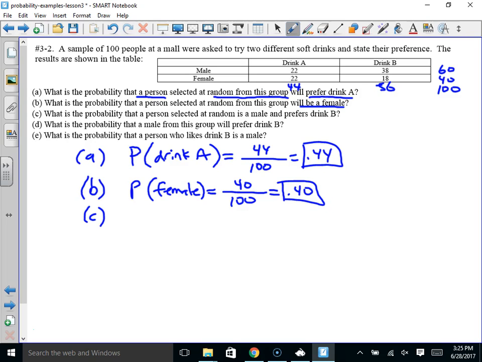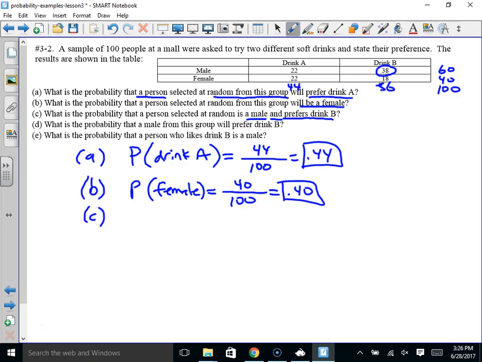Part C says, what's the probability that a person selected at random is a male and prefers drink B? Now, this might seem like something more complicated because of this word "and." But male and preferred drink B is just a specific place in the table. Male and preferring drink B is these 38 people, right? But it doesn't give any sort of condition here.